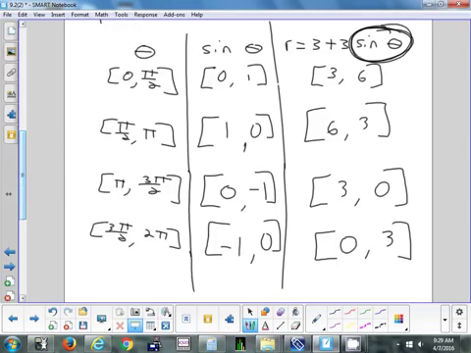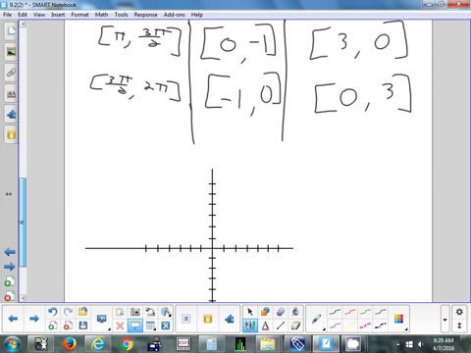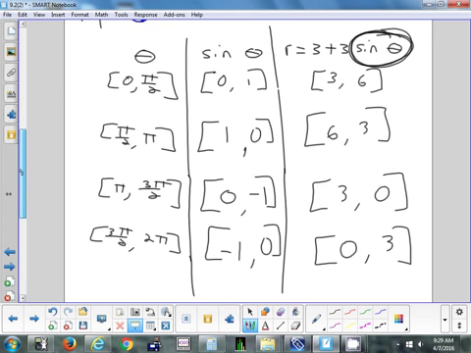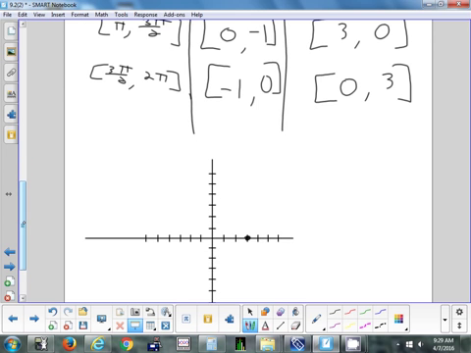My angle is 0. My radius is 3. How about when my angle is pi over 2? It's up at 6. And you have to connect that with a curved segment. It's not a straight line.